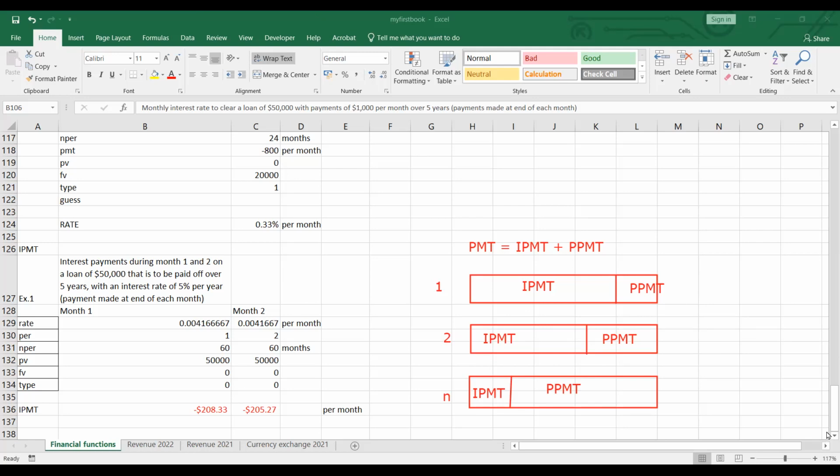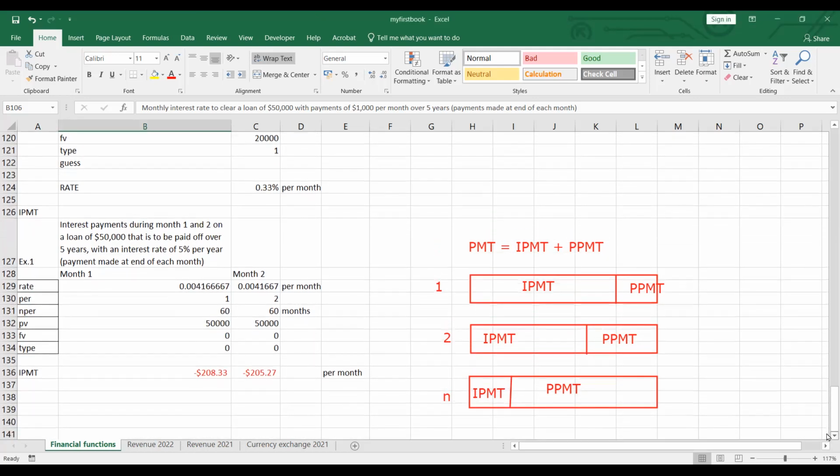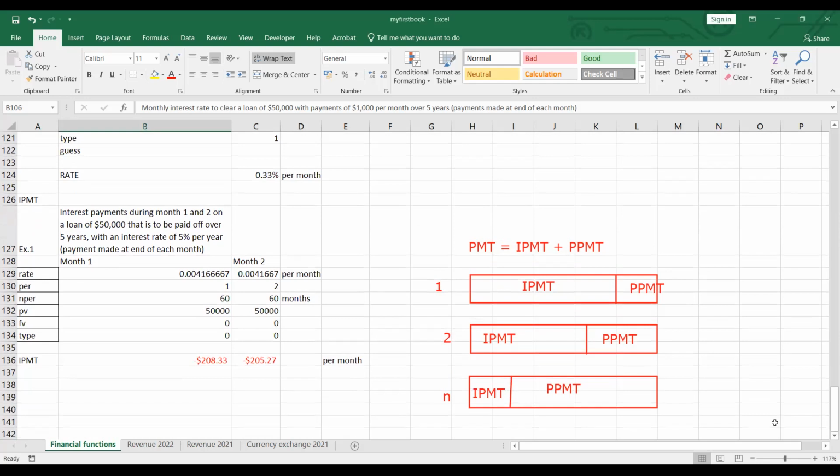So on the last class we started talking about the first example of IPMT. The IPMT is different from the first series of functions in that we have one more argument coming into our consideration. That argument is what we call per, or period.